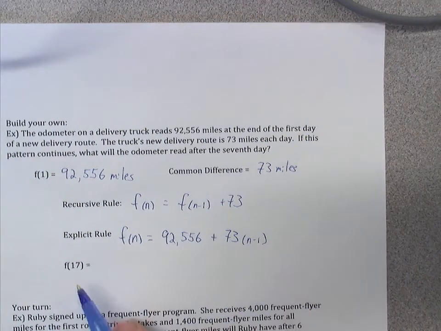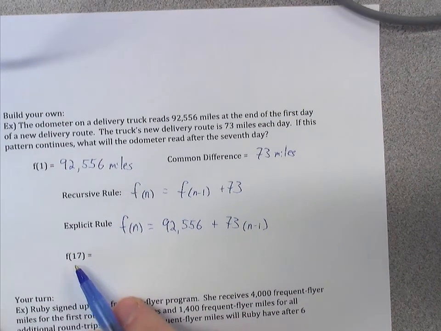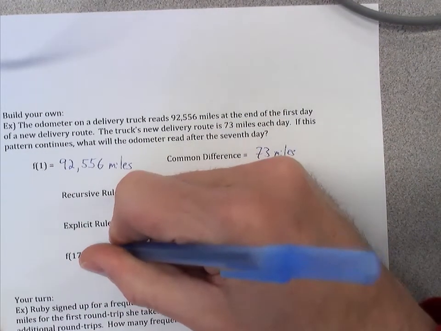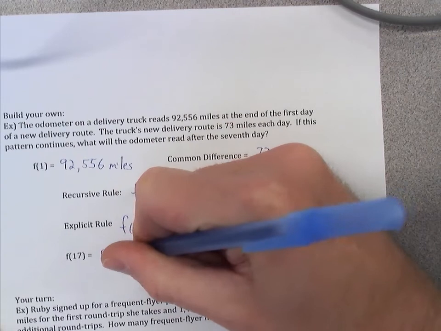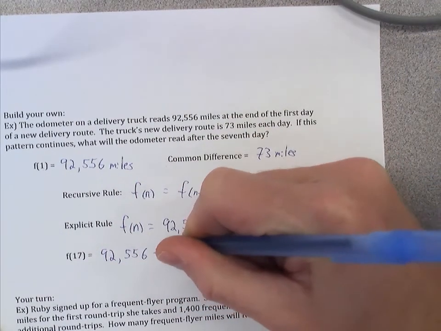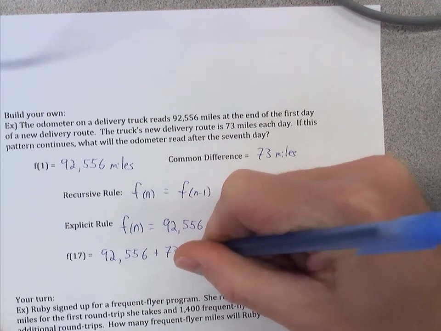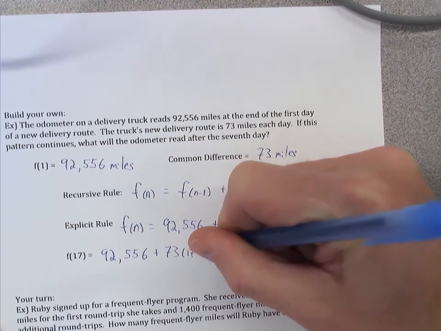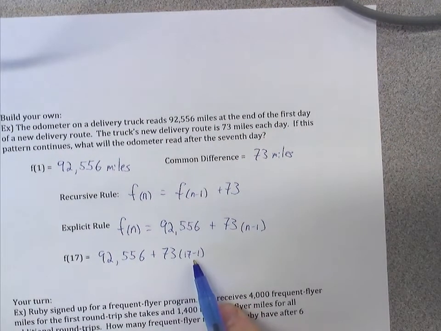So if we go to the example, what's f of 17? Well, it's going to be 92,556 miles plus 73 times 17 minus 1. So 17 minus 1, again, is going to be 16.